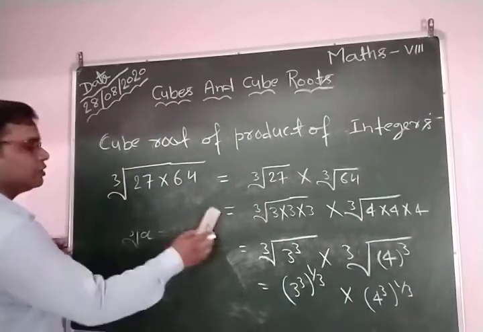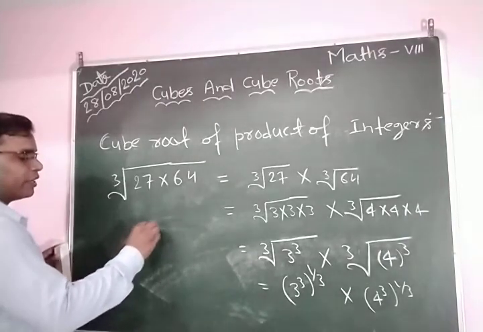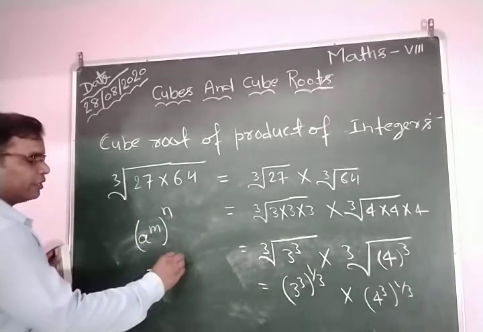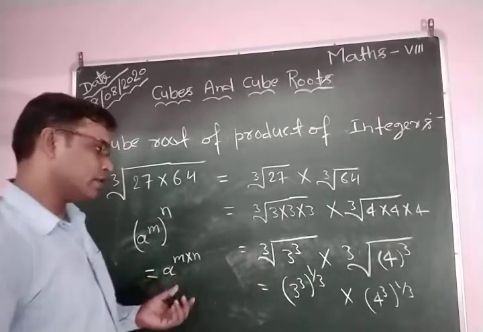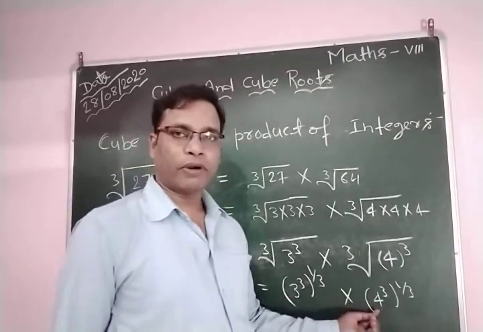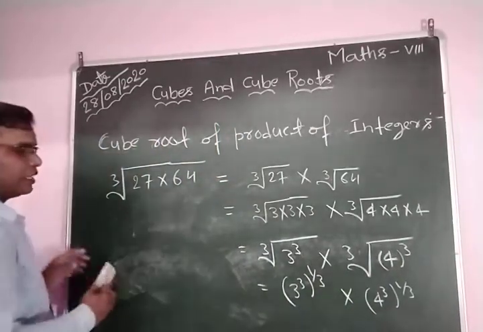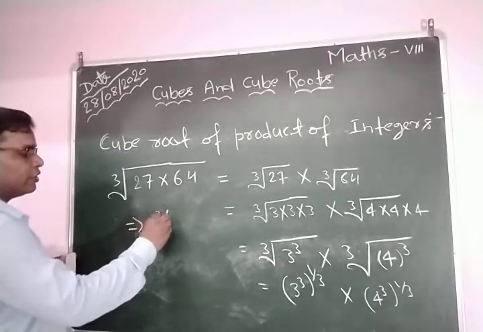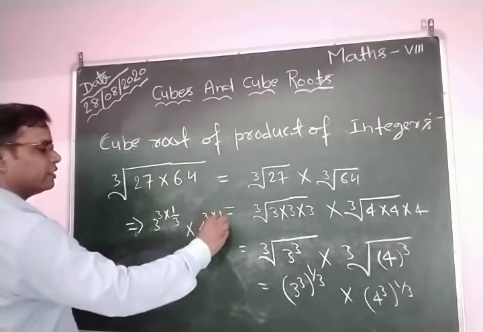Okay, and one thing you know very well, if any number a to the power m whole power n, this is equal to a to the power m into n. So here you can see 3 power 3 whole power 1 by 3, and here 4 power 3 whole power 1 by 3. And so you can write it like this: 3 power 3 into 1 by 3 into 4 power 3 into 1 by 3.